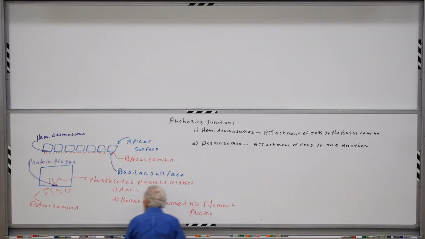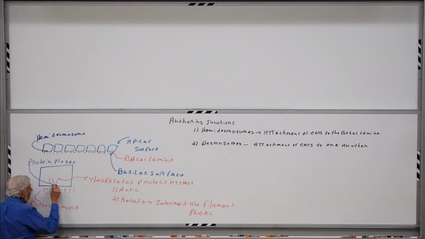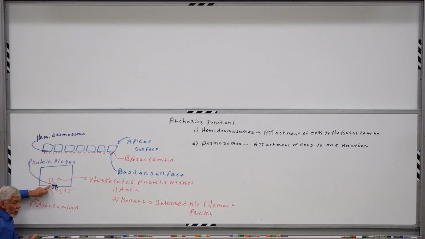And what we do there is now have a transmembrane protein that's locked into receptor sites in the protein plaque, but extends across the phospholipid bilayer and goes into the extracellular space. We have a whole series of these. These proteins have their feet tied to the protein plaque, their waist in the phospholipid bilayer, and you can imagine their hands being out in the extracellular matrix.